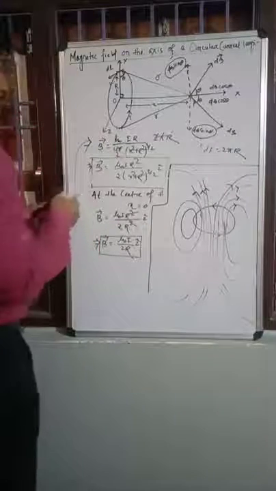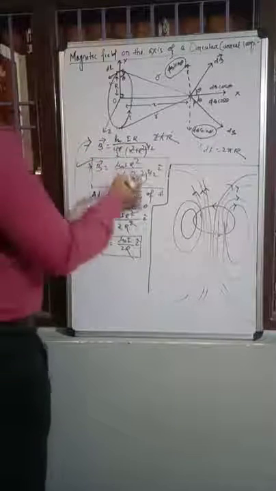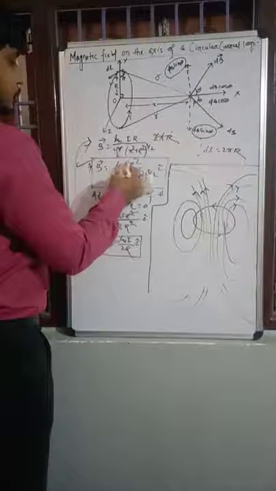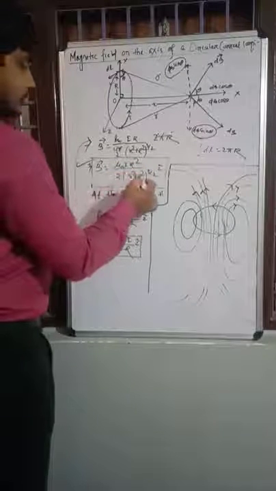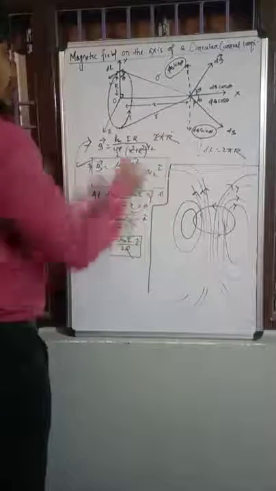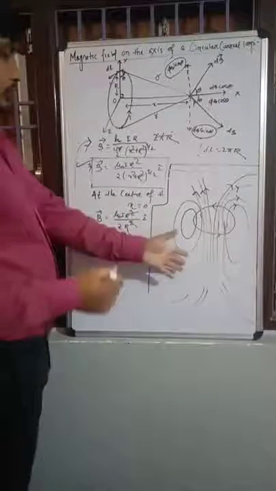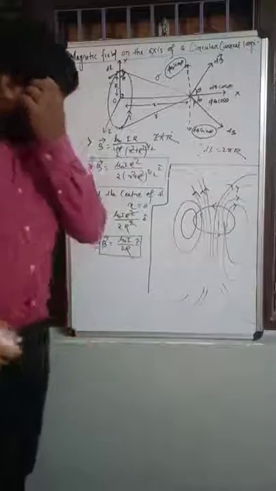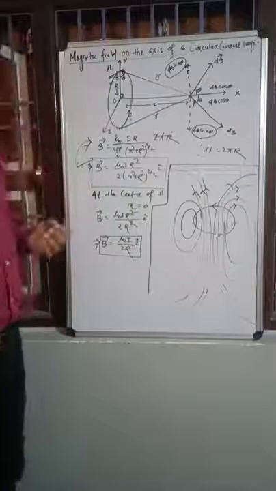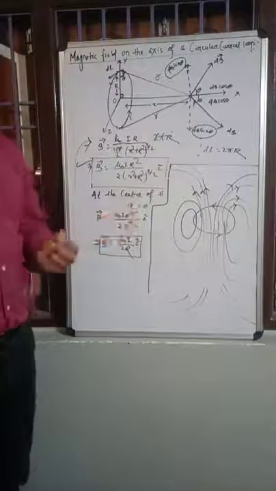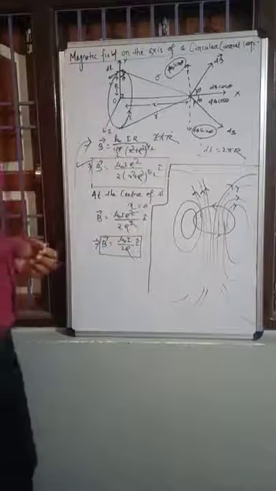So you have to remember this value at any point on the axis, mu naught I r square by 2 whole into x square plus r square to the power 3 by 2, and at the center it is mu naught I by 2r, and this one is the representation of the magnetic field lines due to a current carrying circular loop. Okay.